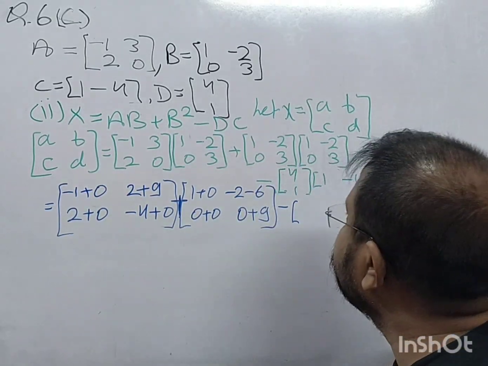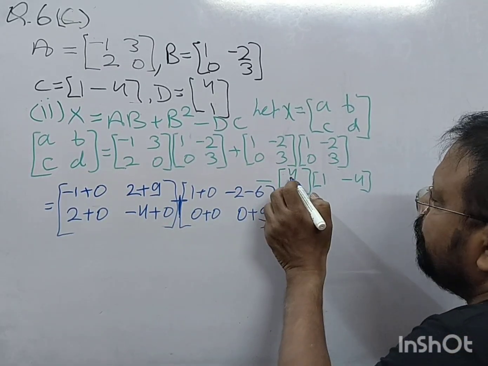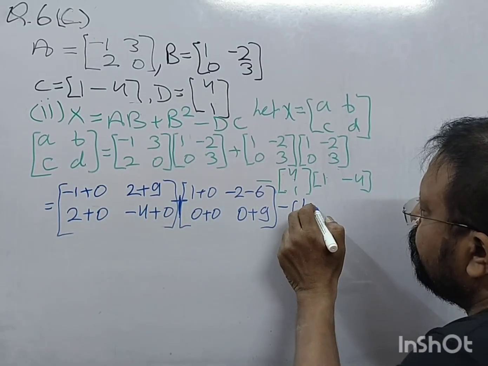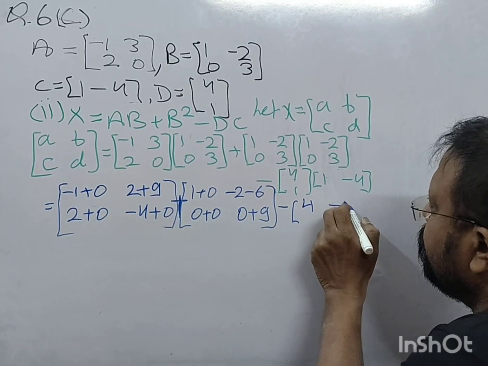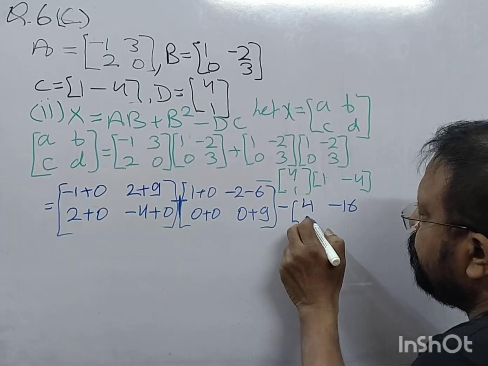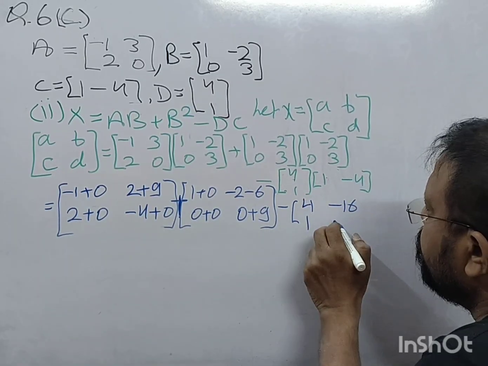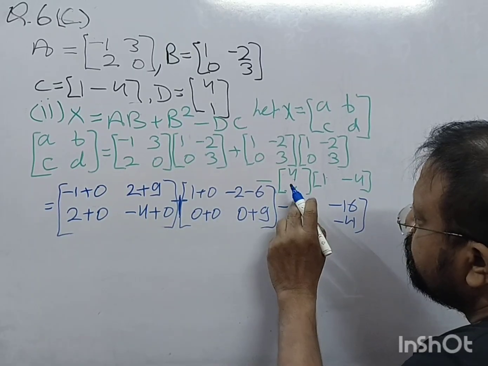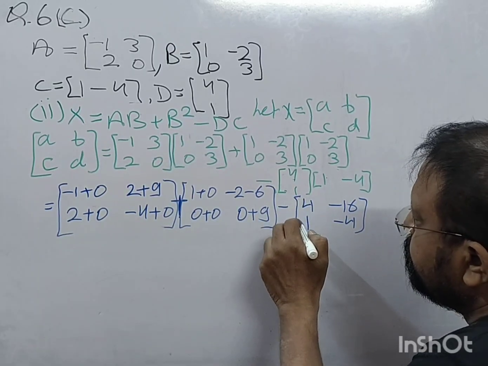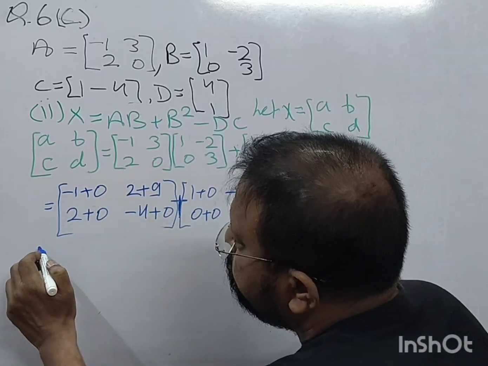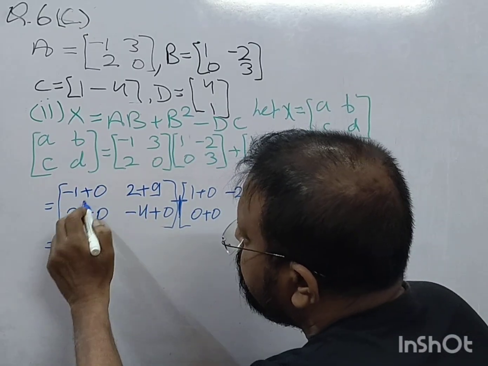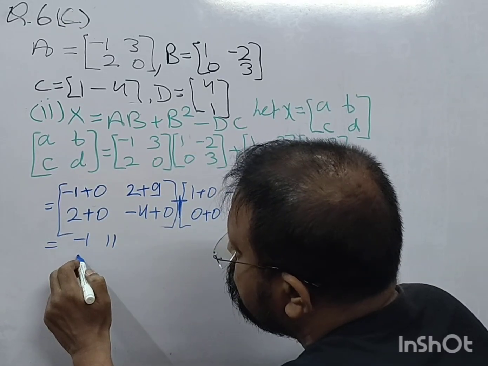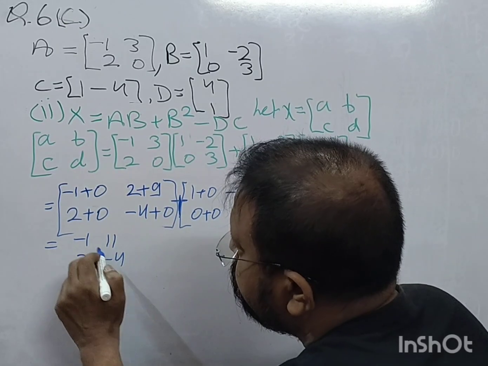What will happen? 4 into 4 becomes 16, and minus 4 into 4 becomes minus 16. 1 into 1 becomes 1, and 1 into minus 4 becomes minus 4. You get this? Now what you get now? Minus 1, 11, 2, minus 4.